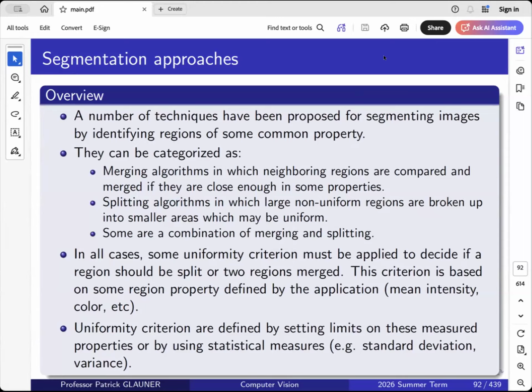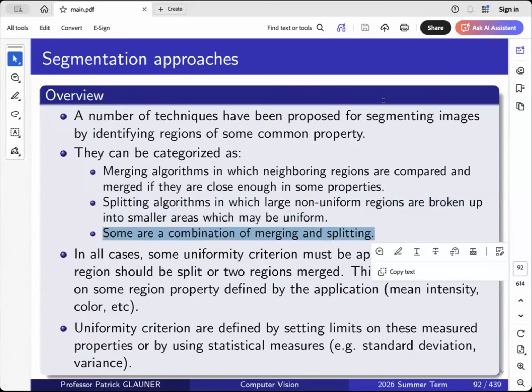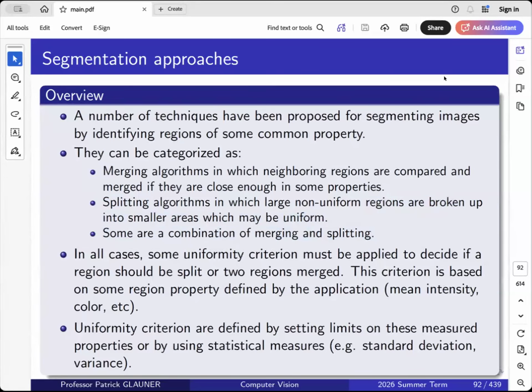They start with a very big region that is non-uniform, maybe the whole image, and try to increasingly break this non-uniform region into smaller regions until they are uniform, and then we stop splitting. That would be a top-down approach because we start on the top with the whole image and try to break it into smaller and smaller regions. There are also combinations of merging and splitting, which we will also see in a moment.